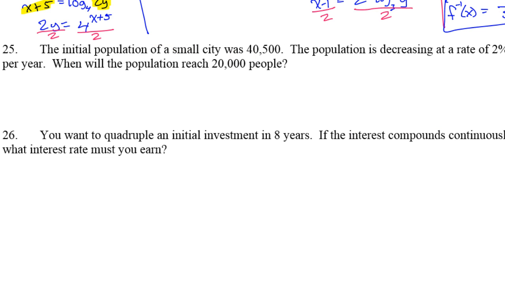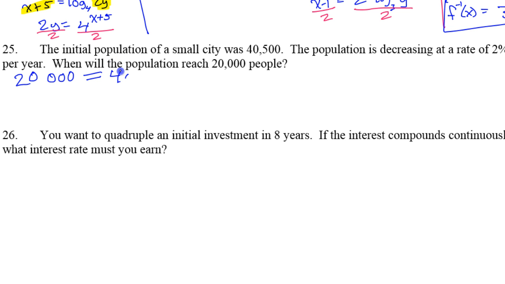So with that in mind, the formula will be y equals. The initial population was 40,500. I'm hesitating because we want to know when the population will reach 20,000, so we should go ahead and put the 20,000 right in the front, because we know that's going to be the answer.